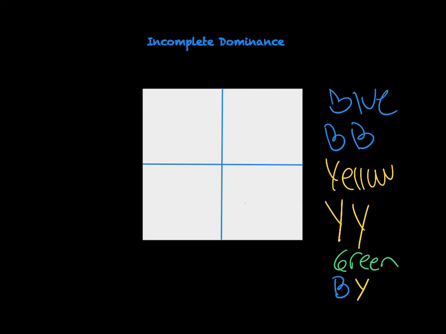So when we put this into a Punnett square and we cross them over, big B will go down here and Y will go right here, and this will be repeated throughout the whole Punnett square.